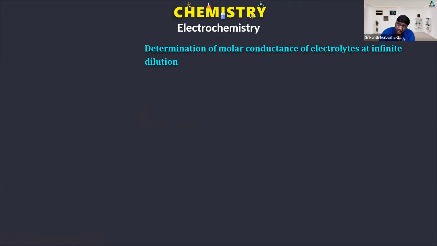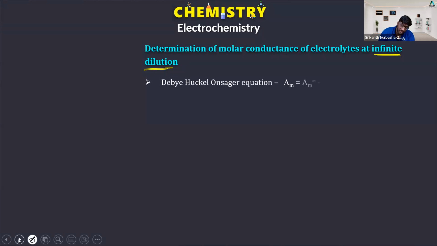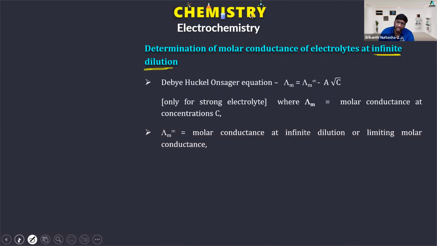Determination of molar conductance of electrolytes at infinite dilution. This is also important. Infinite dilution means we are adding an excess amount of water, with water as the solvent. Molar conductance increases. Understand the concept here: molar conductance, equivalent conductance, and conductance are all going to increase with dilution. Only specific conductance decreases.